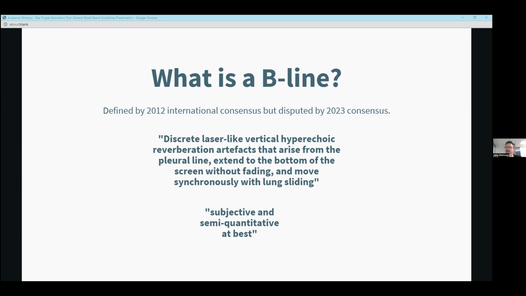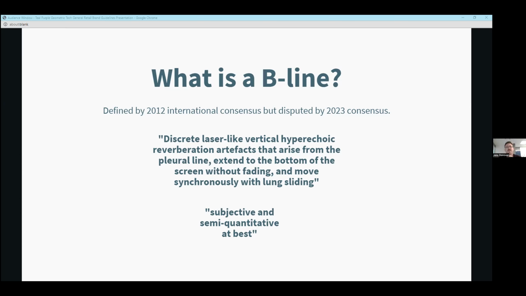Cut to 10 years later, and the 2022-2023 International Consensus on Lung Ultrasound said that definition is too subjective, and we need something more concrete to define what a B-line is. They noted that it was a subjective definition to call something laser-like, and that it goes to the bottom of the screen without fading.